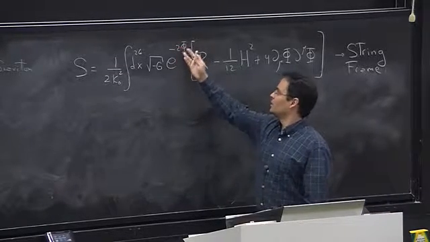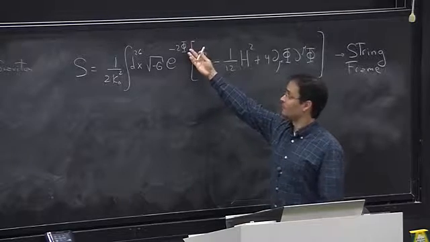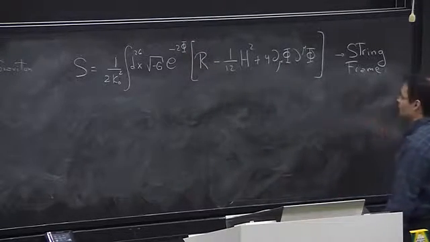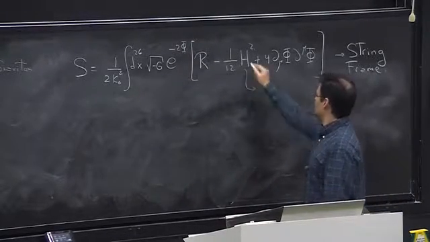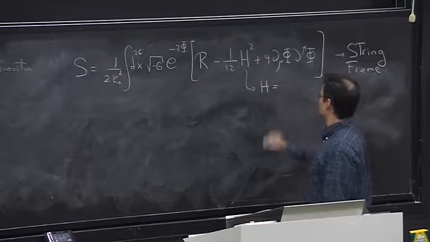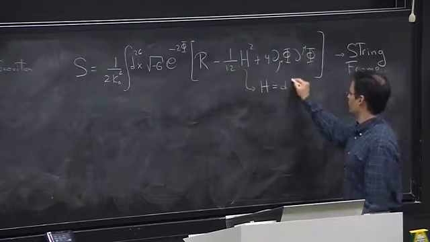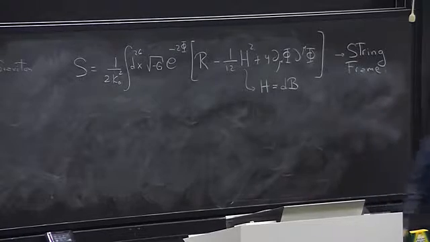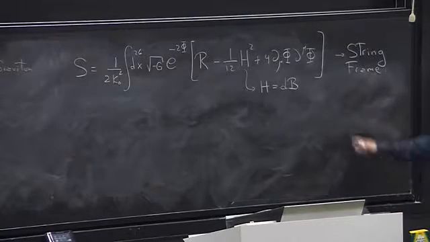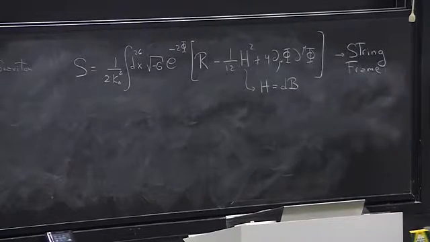When you have this factor of the dilaton in front of this scalar field, then you say that this is a string frame. Just to remind you, this H, remember, this was a three-form, and it's a curvature of our two-form gauge potential. So this is our gauge potential now. Very good.